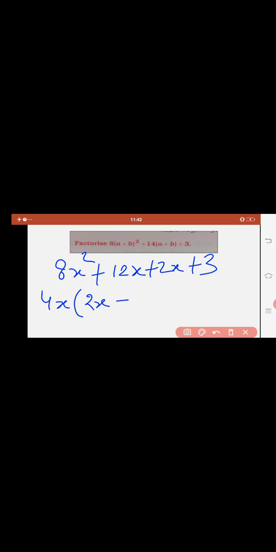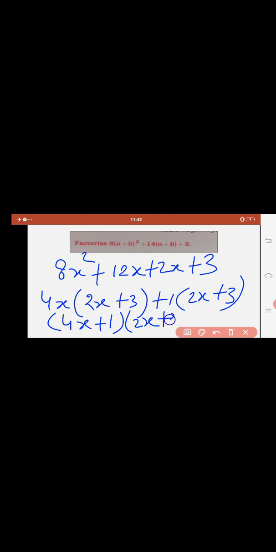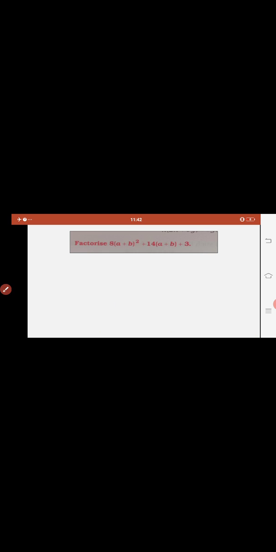Now expressing 14 in terms of 12 and 2. We have 8x square plus 14x as 12x plus 2x and plus 3, because we are not taking a plus b since we have considered it as x. Now taking 4x as common, we have 2x plus 3, plus 1 times 2x plus 3, and this is 4x plus 1 and 2x plus 3.